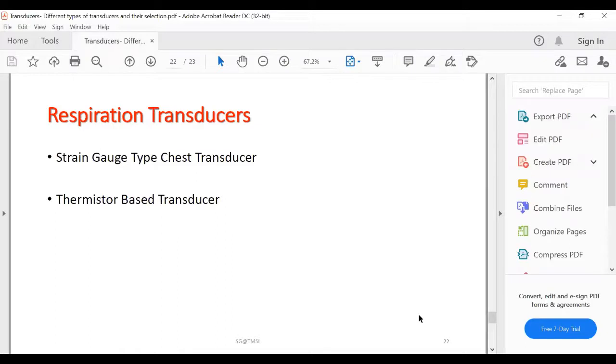Second is the thermistor based transducer, where during respiration there is a difference in temperature of inspired and expired air. This is sensed by using a thermistor placed in front of the nostrils using a suitable holding device. If the difference in temperature of the outside air and that of the expired air is small, the thermistor can be initially heated to a suitable temperature.